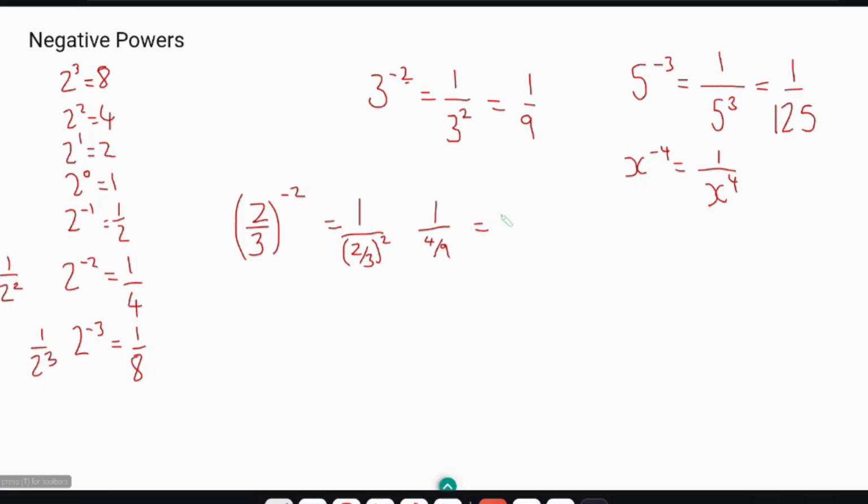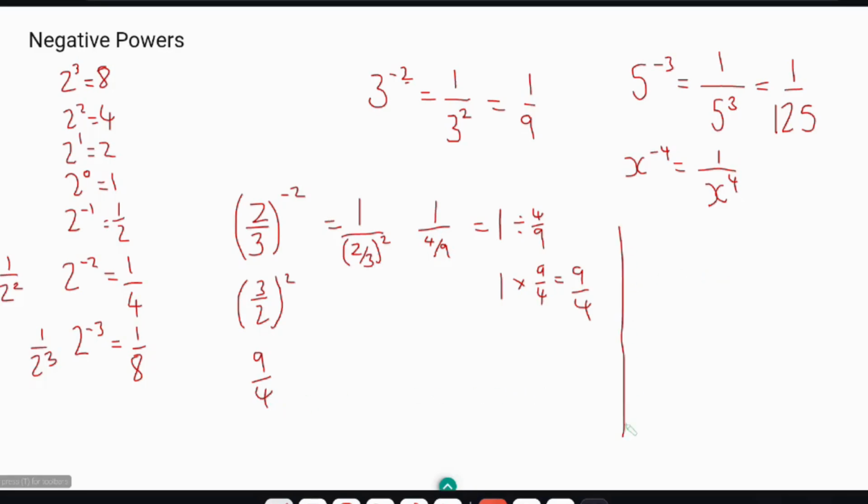So 1 divided by 4 over 9. If you know your rules of fractions, when you divide by fractions, keep, flip, change, is the same as 9 over 4. So what you actually do here, the power minus flips your fraction and then you square. I think that's the easiest way of looking at it.